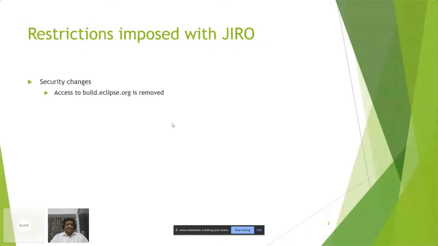So we have to store everything in the Jenkins workspace and copy everything onto download.eclipse.org. Earlier, we used to copy builds using an NFS share, so a simple cp command used to work there, but now it is not possible. You need to use SSH or secure copy. So build scripts have to be rewritten for this purpose.